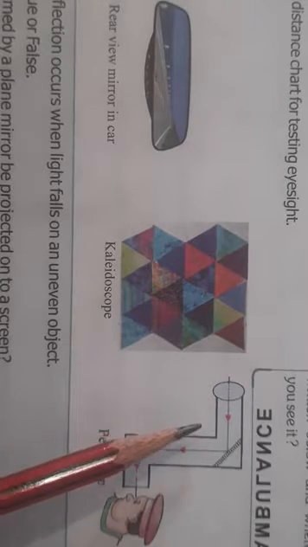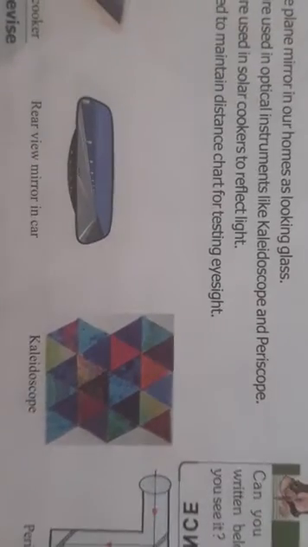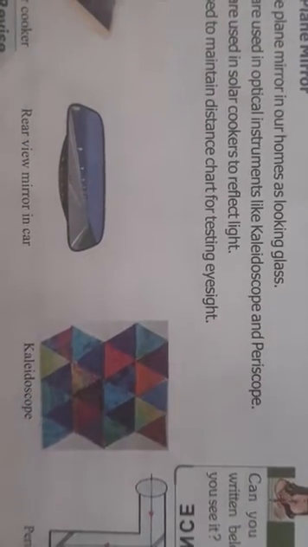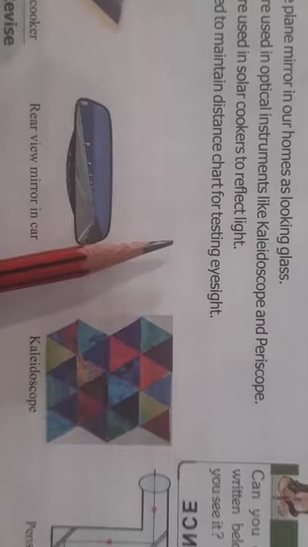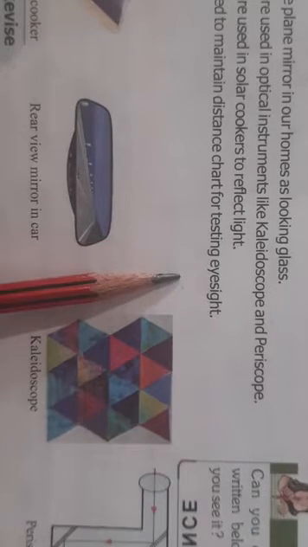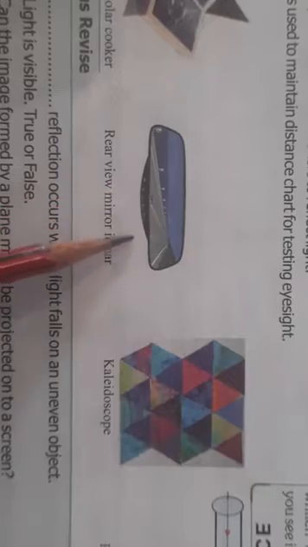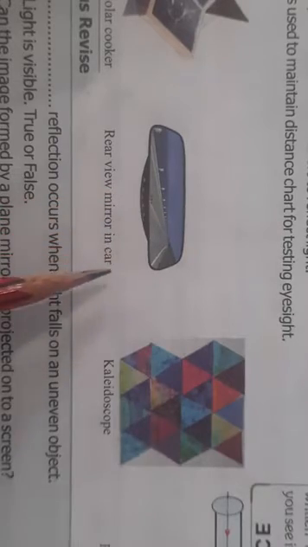Then they are also used in solar cookers to reflect the light, and in the chart used for testing eyesight, which is kept by doctors. So these are all the uses of a plane mirror. The rear view mirror in a car is also a plane mirror.